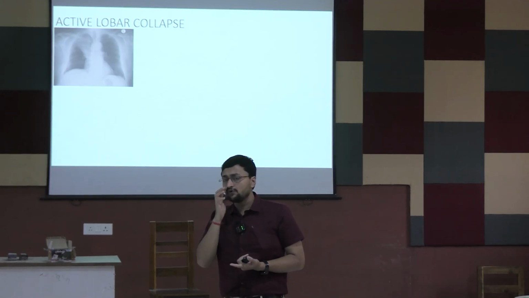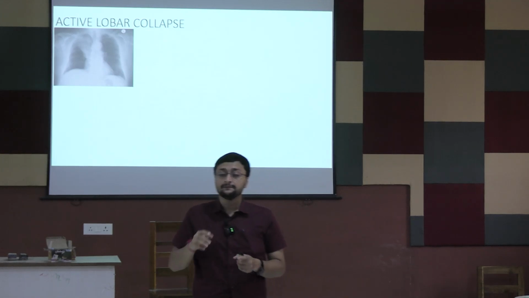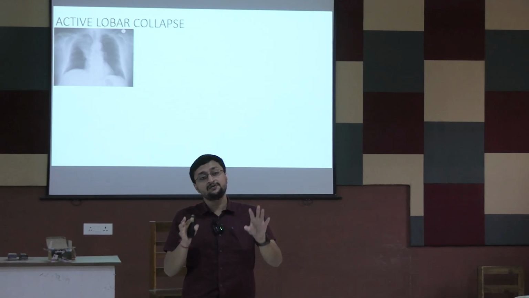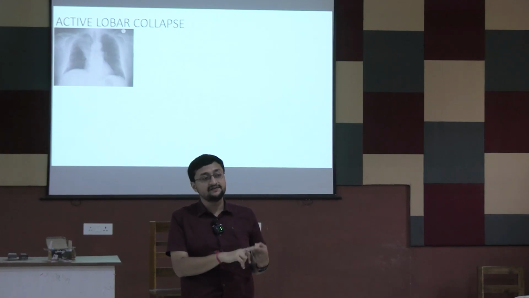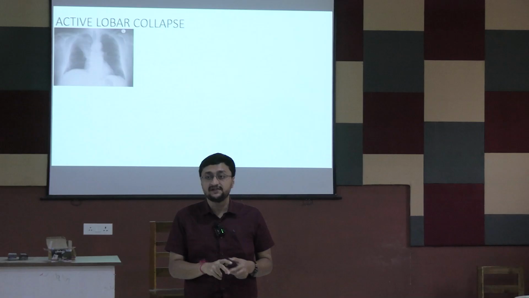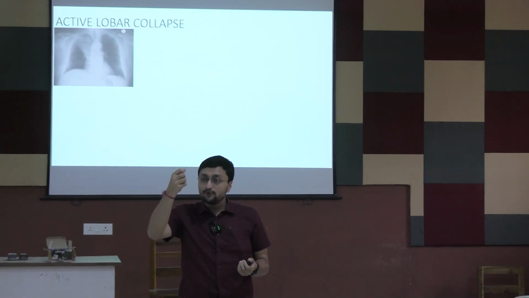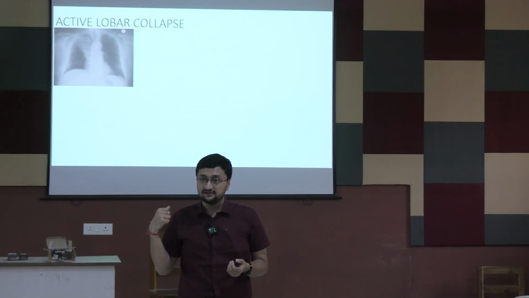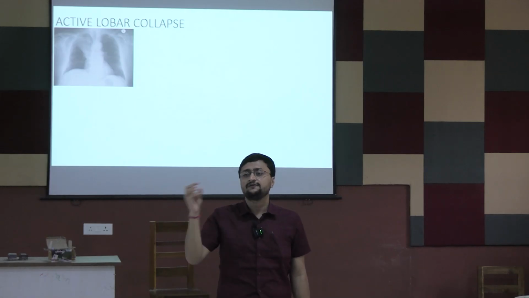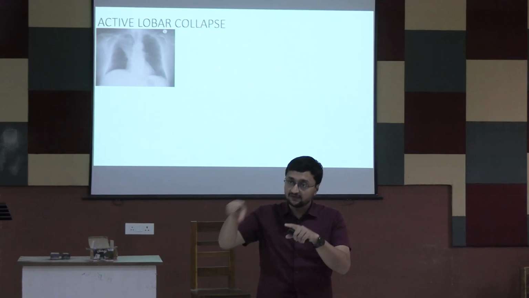So what is the reason for collapse? There may be two types of collapse, active and passive. Active collapse means something is pulling the trachea inside. Suppose a mass or a foreign body obstructs the bronchus, for example the right upper lobe bronchus.